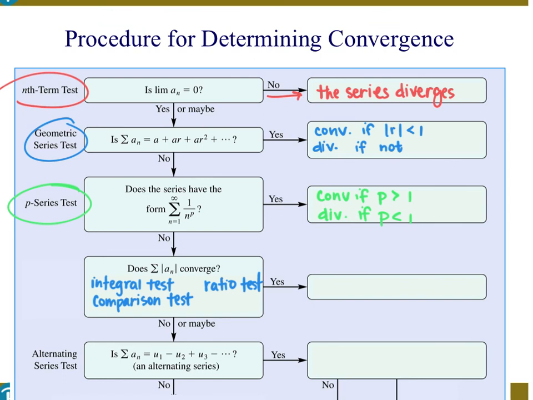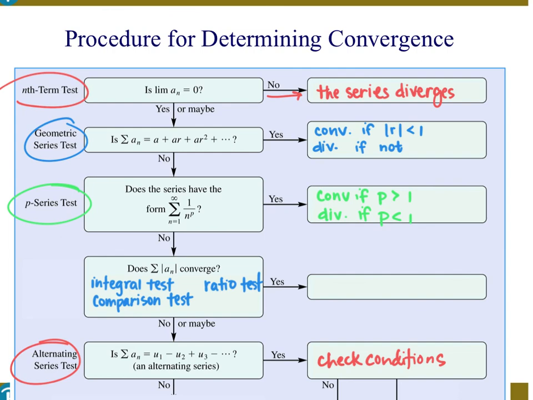The last choice is, is it an alternating series? If it is, then you're going to check the conditions to determine if it's yes or no. If it's not an alternating series, okay, then we're going to add a few more tests later this week to finish it up.